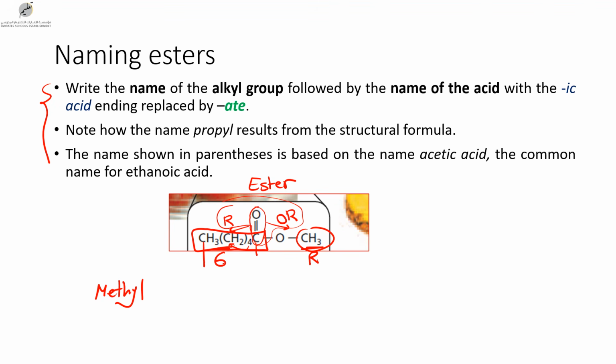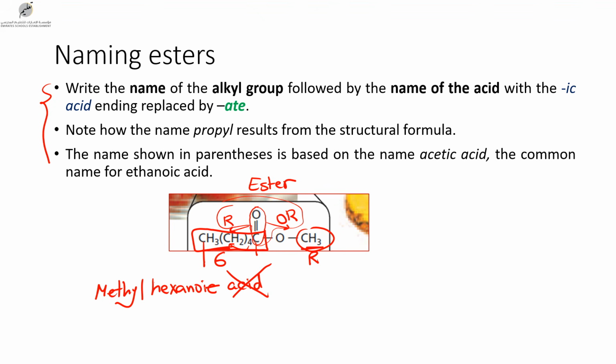So we will write hexanoic, because we are treating this as a carboxylic acid. Remember, it should be hexanoic acid, right? So we are going to remove the acid, and they said replace IC acid with ATE.